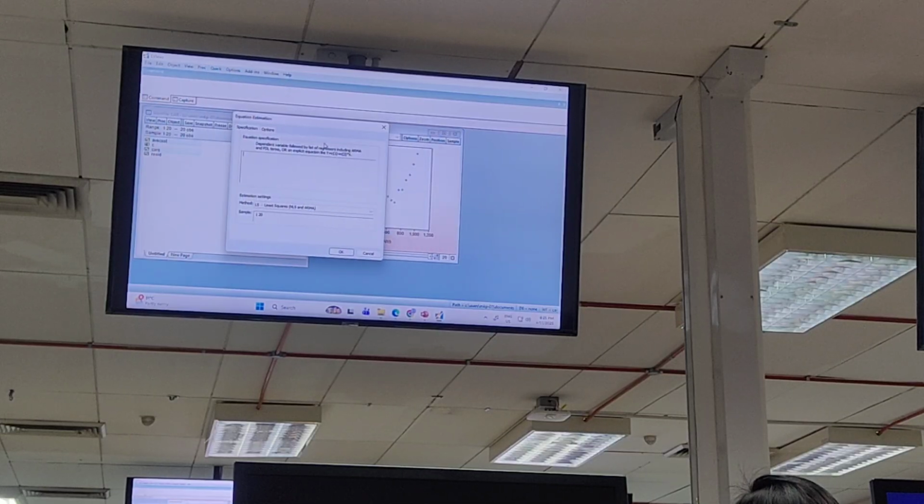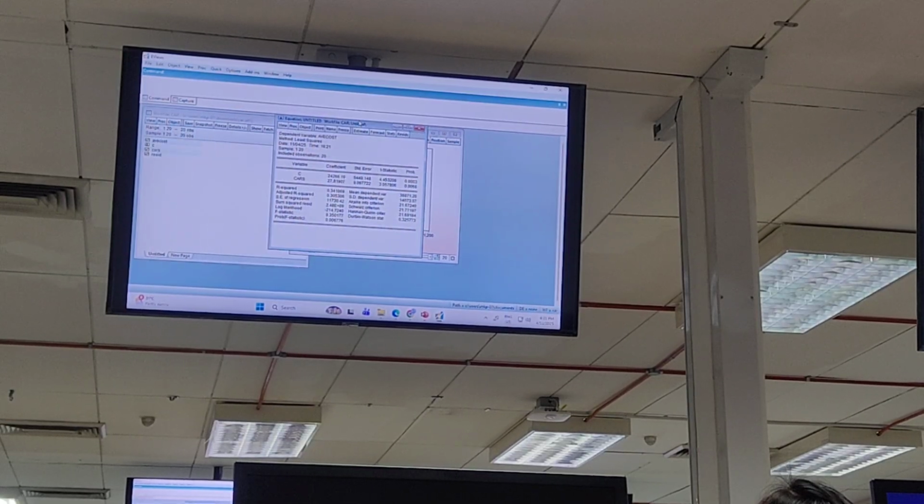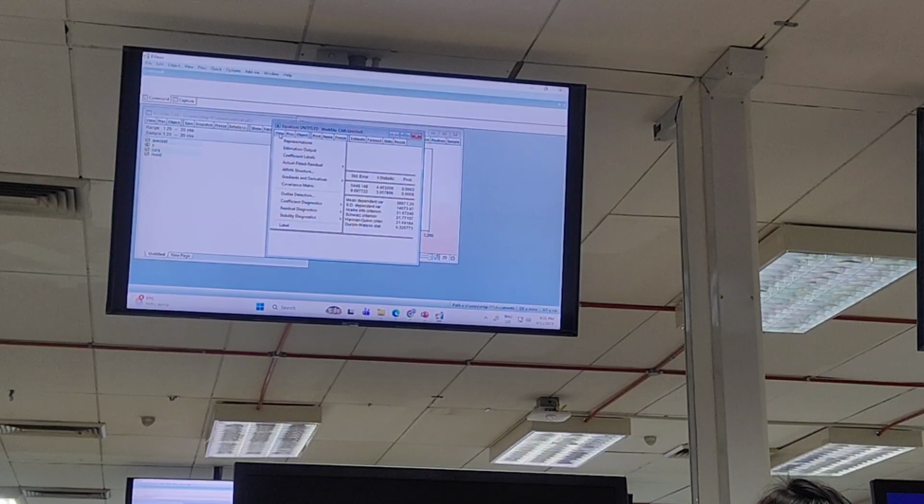Here our dependent variable y is average cost, and then c for the intercept, beta 0. If you estimate a linear model like this and get the estimate, you go to view, actual fitted residual graph.